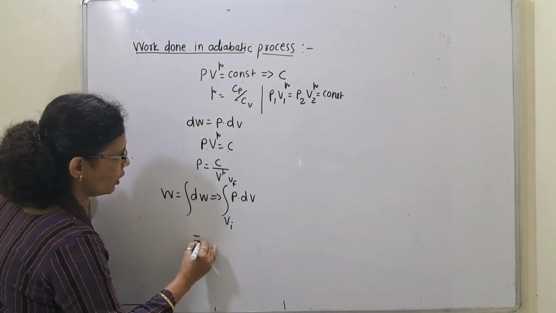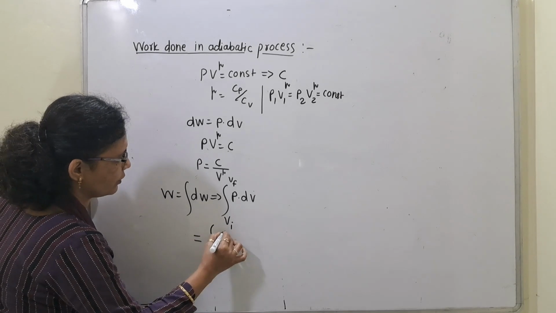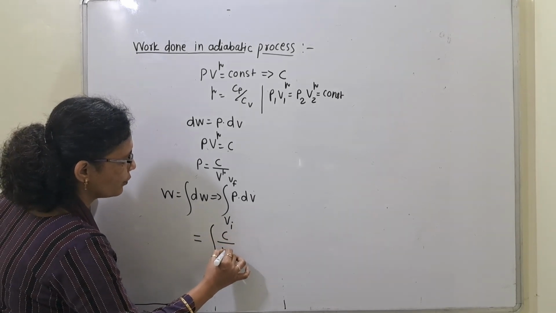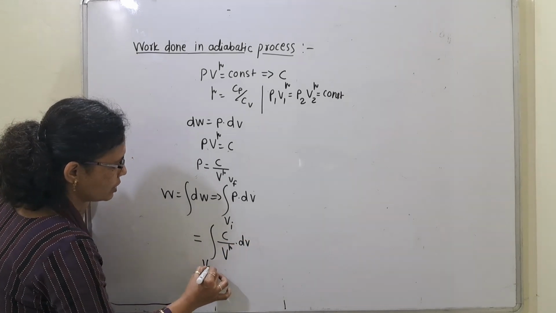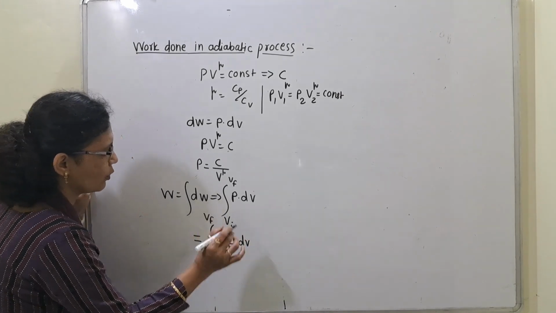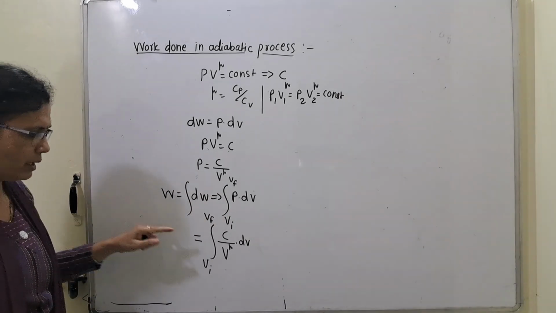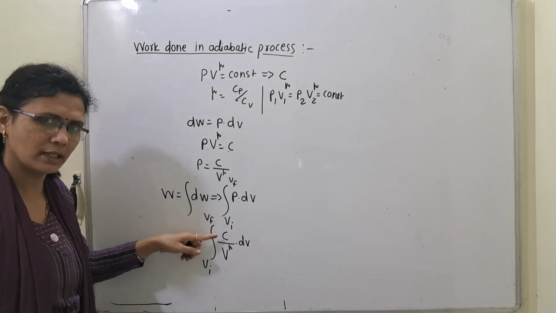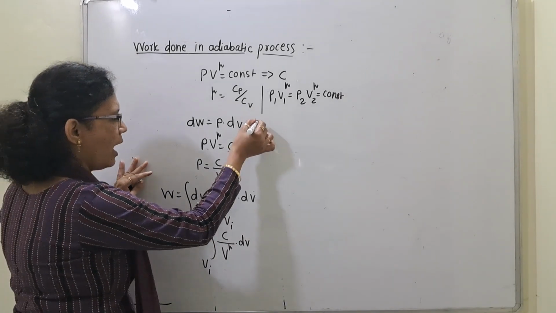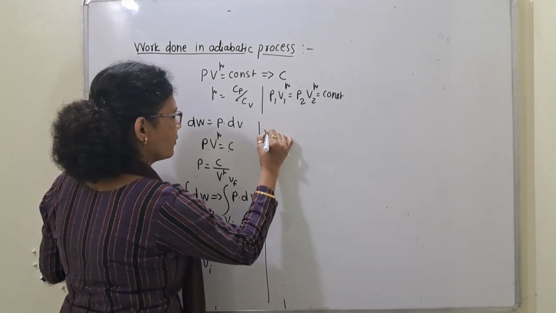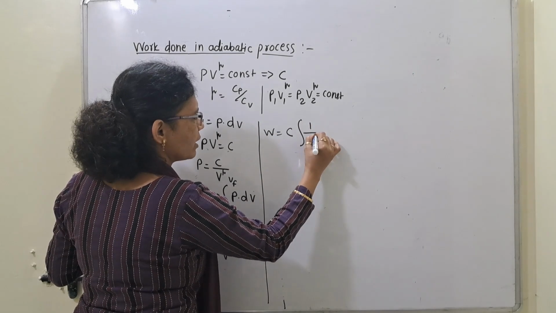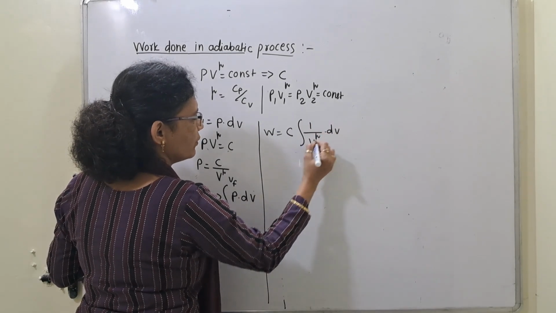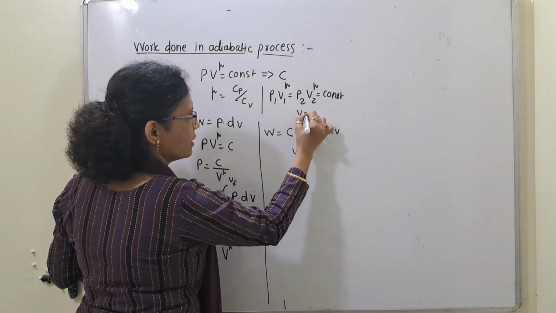If I put the value of P here, then it will be C upon V raised to gamma into dV from initial volume Vi to final volume Vf. Here the constant term is C, therefore take it out and the term that remains is 1 upon V raised to gamma into dV, from initial to final.